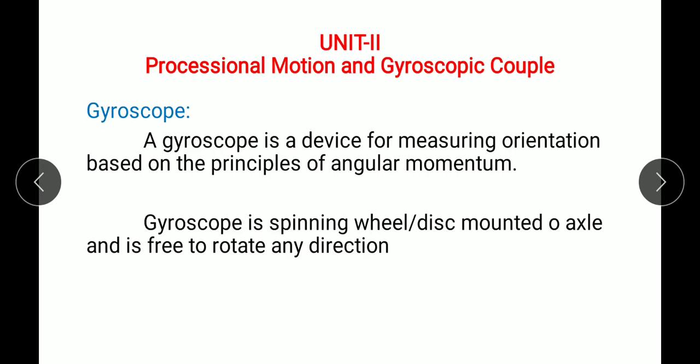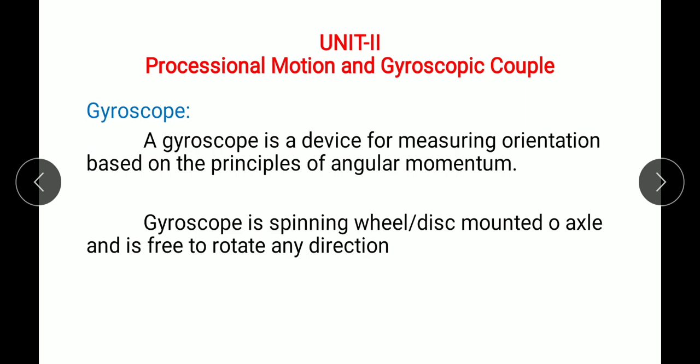When it is rotating, there are no restrictions. For example, it can rotate about the x direction, y direction and z direction. So finally, the function of a gyroscope is to measure orientation by using the principle of angular momentum, always for rotating or spinning bodies.